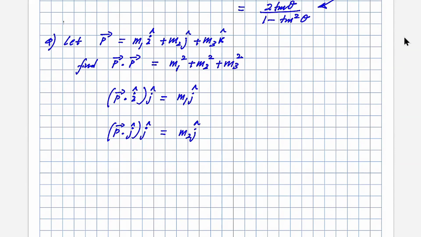Correct? So this guy is just that. Then this guy is copied. Right? And you saw this kind of a thing. So this shape you saw in vector resolute.